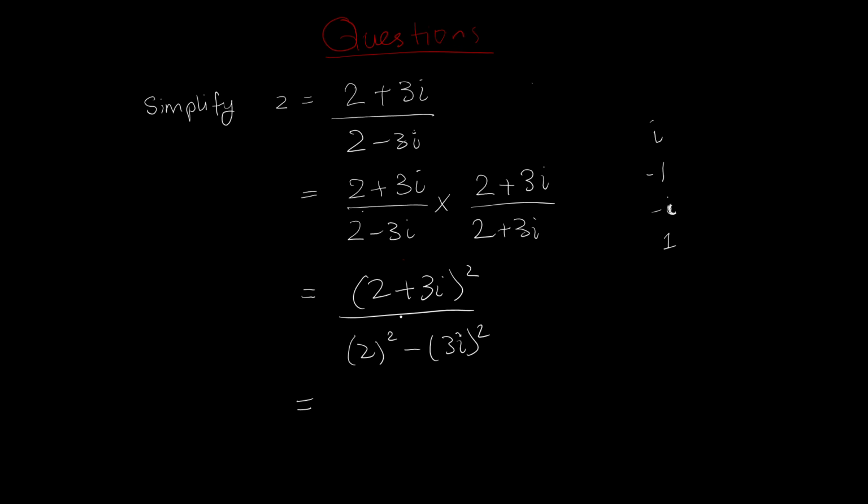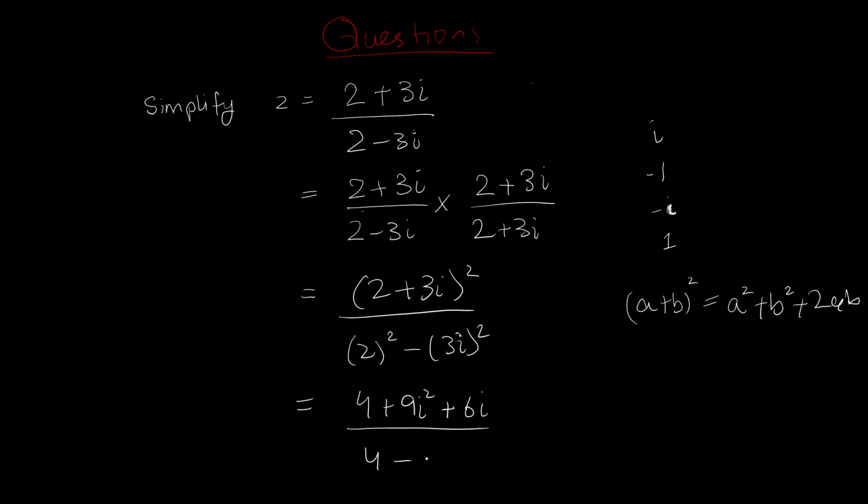Now, in this case, you also need the a plus b whole square formula, which is this, and hence substituting i square equals negative 1 will give us this answer.